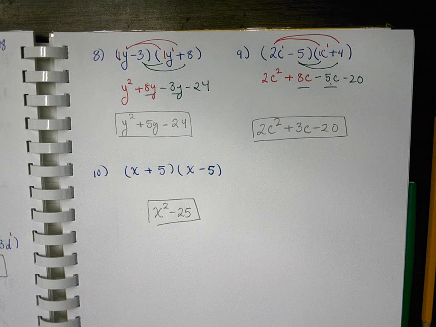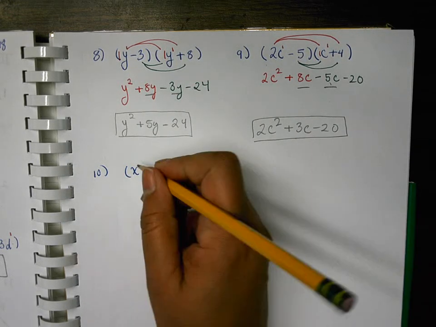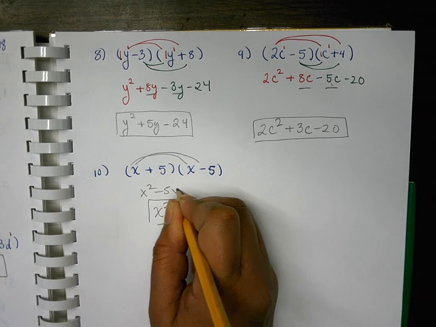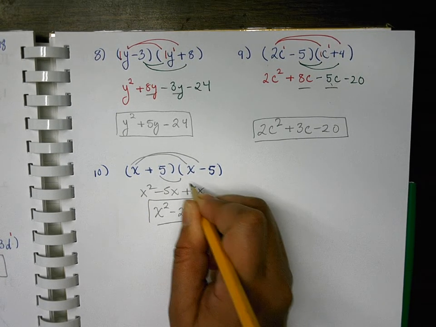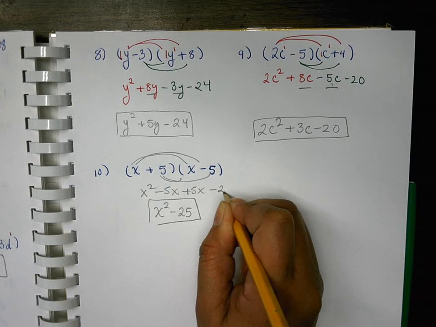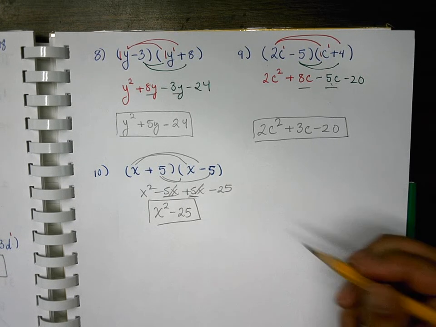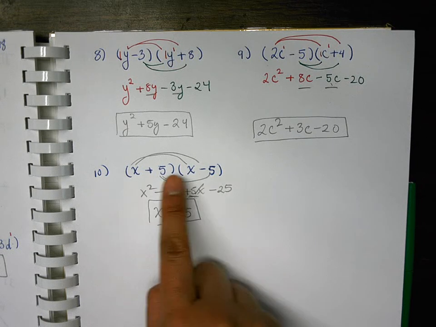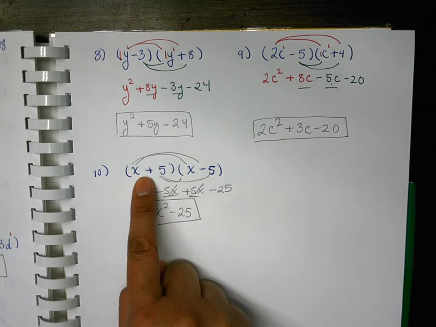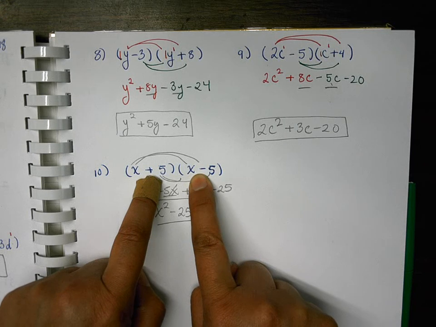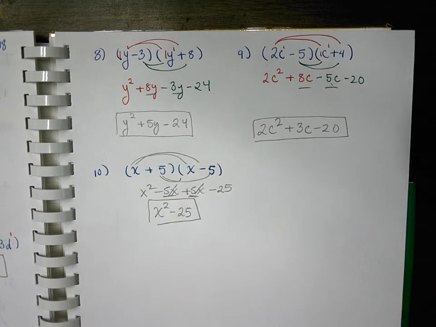Do you guys have it? Yes. Okay. I'm going to go quickly. X times x is x squared. Minus 5x plus 5x minus what? And what happens with the middle terms here? That will happen whenever these two are conjugates, meaning they're exactly the same, but the signs in the middle are different. Got it?